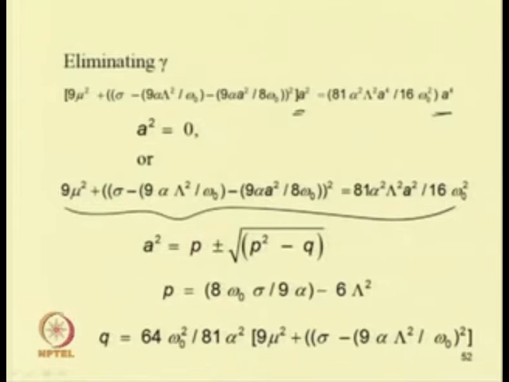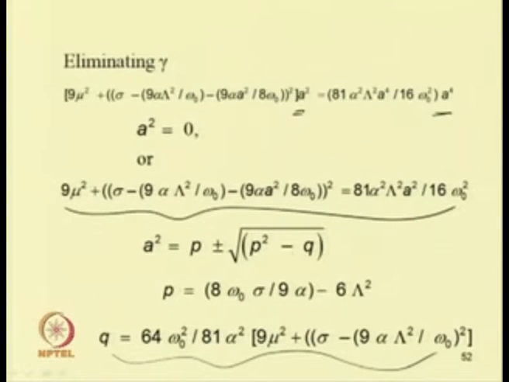And for the case of the non-trivial solution, as it is in quadratic form, one can write a square equal to p plus or minus root over p square minus q, where p equals 8 omega 0 sigma by 9 alpha minus 6 lambda square, and q equals 64 omega 0 square by 81 alpha square into 9 mu square plus sigma minus 9 alpha lambda square by omega 0 square.